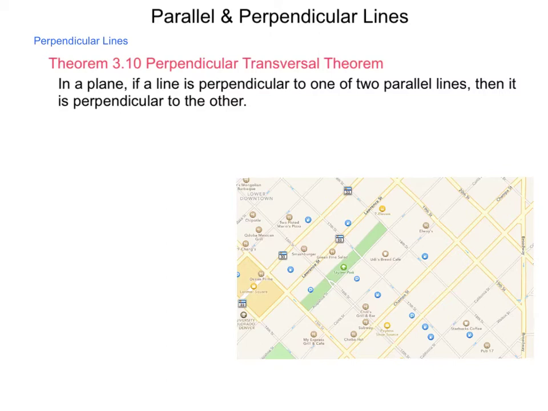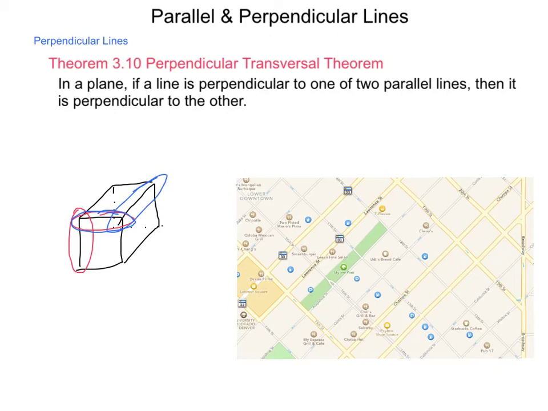And the reason we have to say that this exists in a plane is because in a three-dimensional figure, such as a simple cube, if we were to take this edge and say they're perpendicular to each other, but this top one is also perpendicular to this top right side edge, we can't conclude that this edge and that edge are parallel to one another when in fact they're askew.